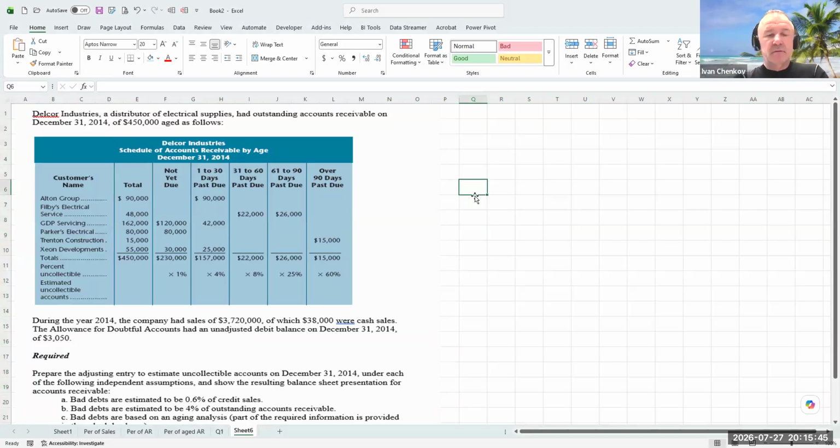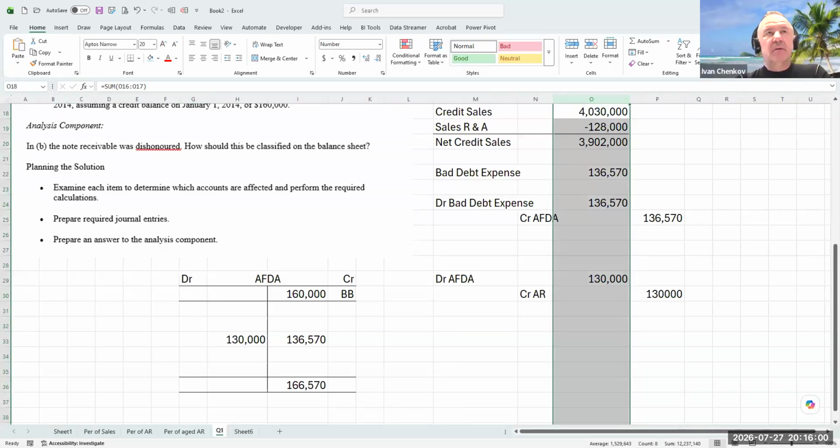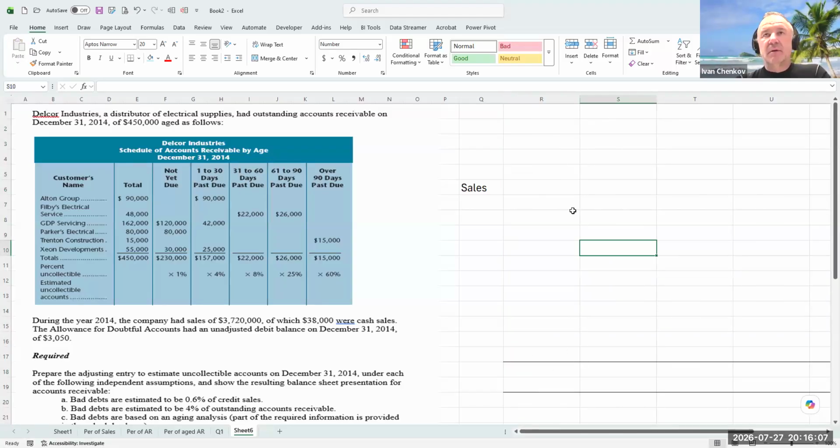Company has sales of... I'm not gonna copy this, I'm just gonna format it, and I'm gonna put this format here. The sales for this company is 3,720,000, of which 38,000 was cash sales.